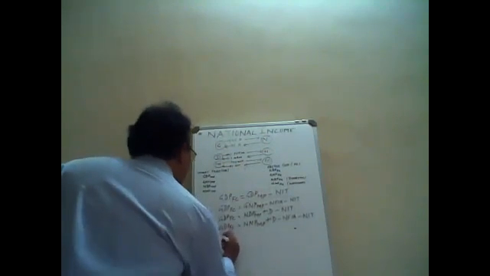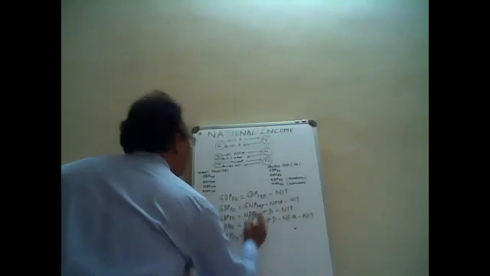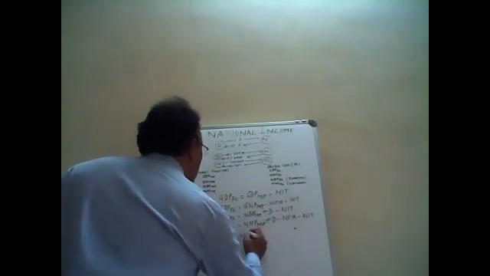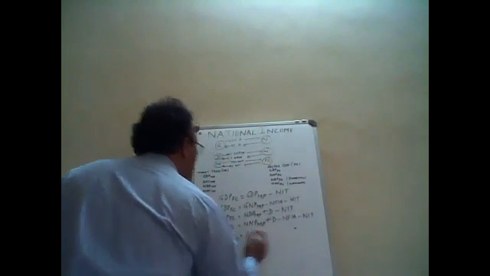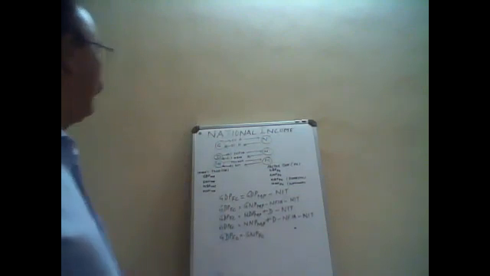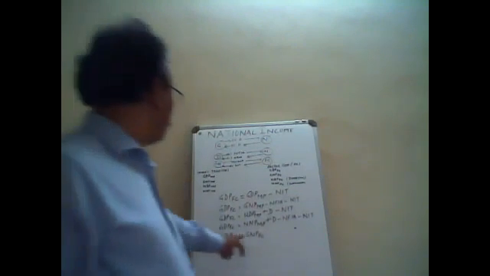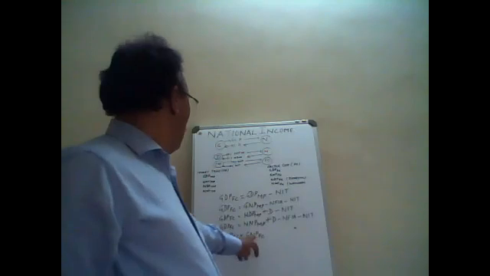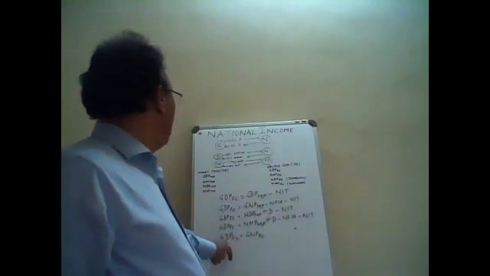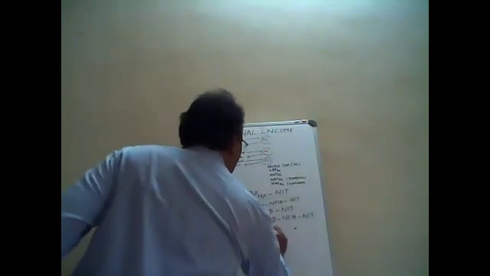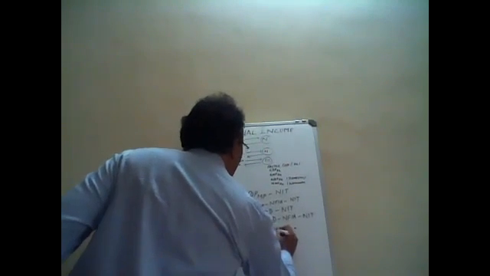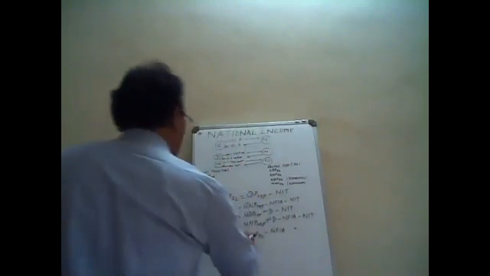So GDP factor cost is equal to GNP factor cost. Okay. Gross, from national to domestic, you will minus NFIA. Factor cost, the rest is the same.